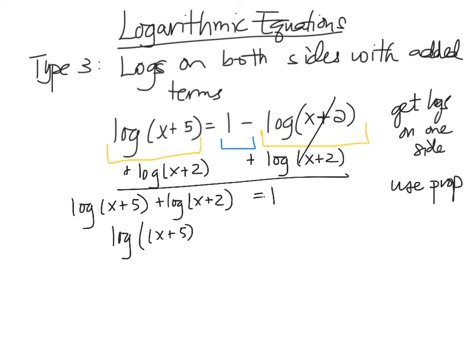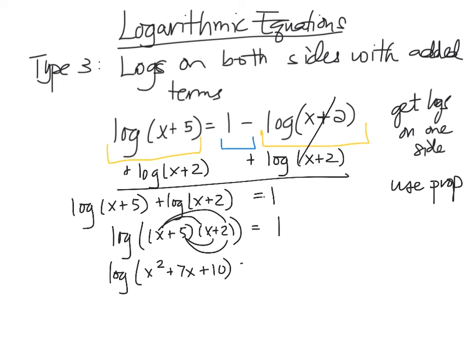So we're going to multiply x plus 5 times x plus 2. And if we do that, so we have to distribute or FOIL or whatever you call it, you'll get x squared plus 7x plus 10 equals 1.